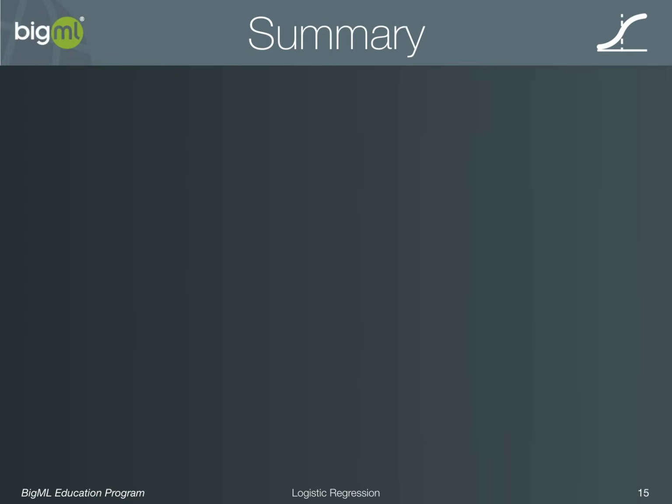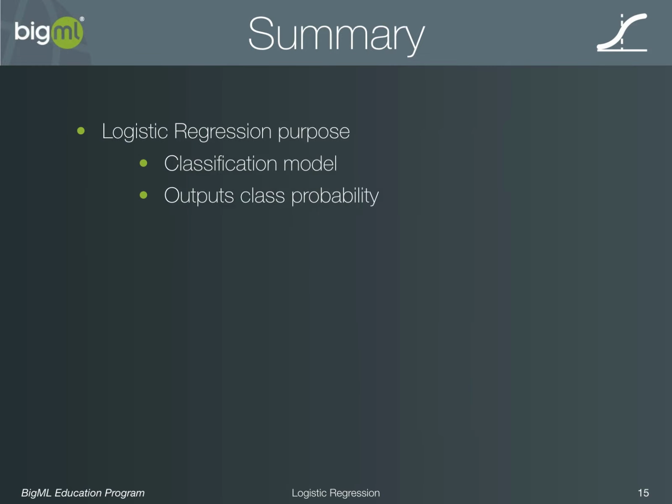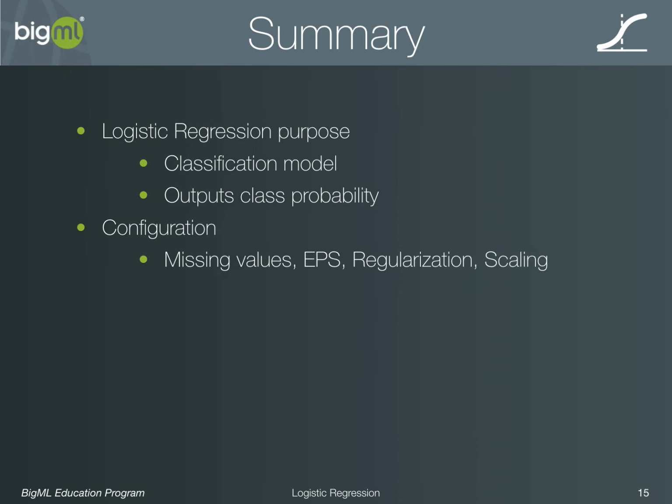In summary, in this tutorial we have seen that logistic regression is a classification model which outputs the probability of a class. In the configuration, we discussed how to work with missing values and the meaning of the EPS, regularization, and scaling, and how they impact the quality of a logistic regression model. We also saw how to interpret the coefficients that the logistic regression outputs, as well as how to enable the extended statistics.